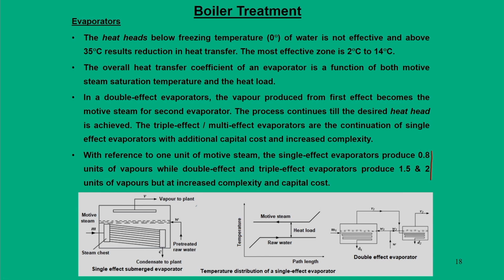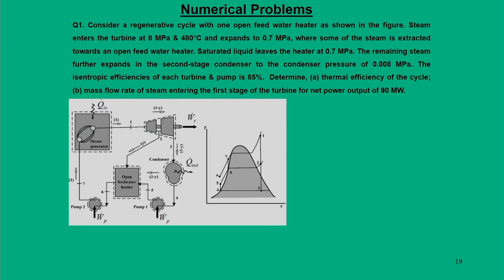So, this is all about the condenser and feed water systems, and we will try to solve one particular problem which was done for regenerative cycle concepts, just to see the importance of feed water systems in thermal power systems. Okay, let us consider a regenerative cycle.